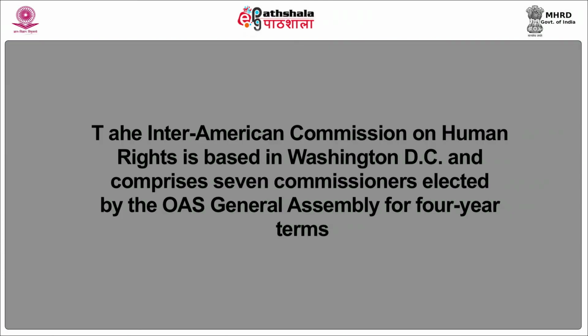The Inter-American system has two main enforcement mechanisms. The Inter-American Commission on Human Rights is based in Washington, D.C. and comprises 7 commissioners elected by the OAS General Assembly for a 4-year term.